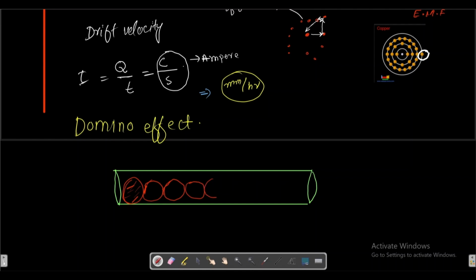In this way, all these spheres are connected to each other, and they reach the other end of this pipe.